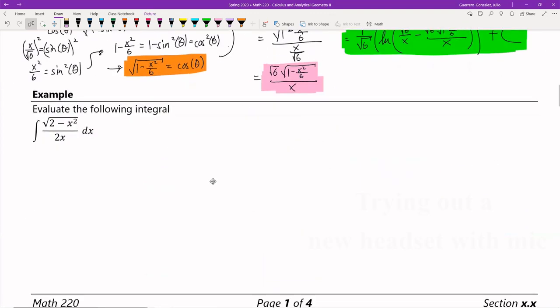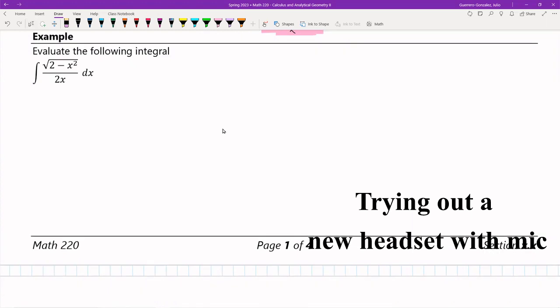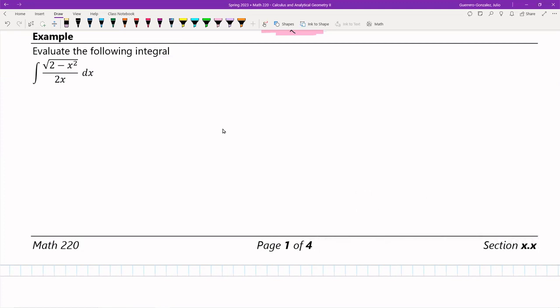Okay, let's try one more. Let's go ahead and take a look at this next example: the square root of 2 minus x squared divided by 2x. We're going to do the exact same thing. Since it has a 2 minus x squared, we're going to be using the same technique that we were using in the previous example. So this one I'm going to rewrite. It's going to be equal to the integral of the square root of 2 squared minus x squared all over 2x dx.